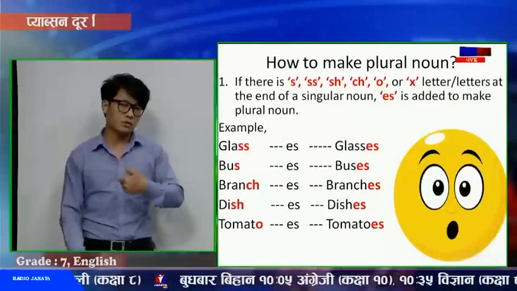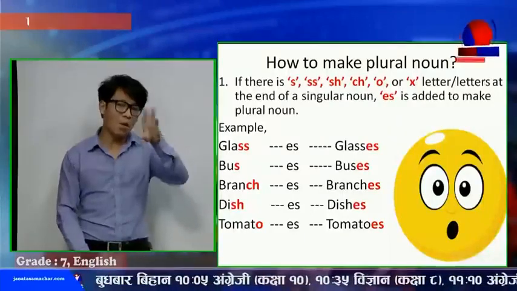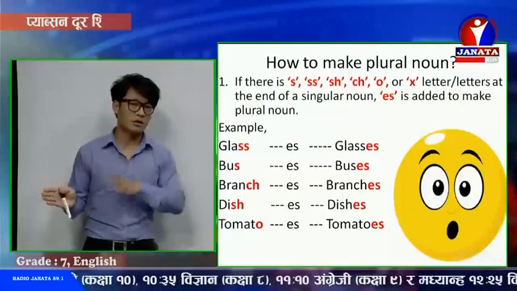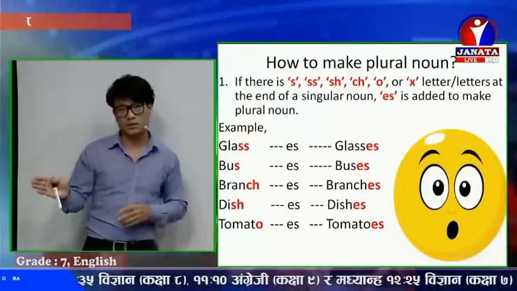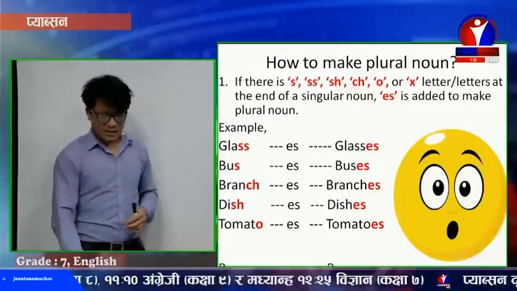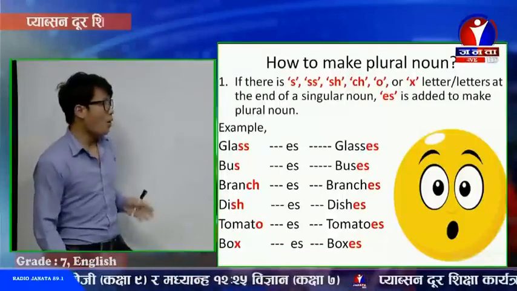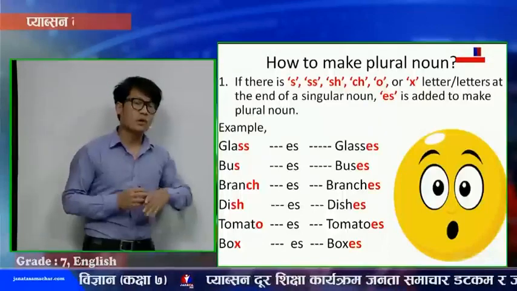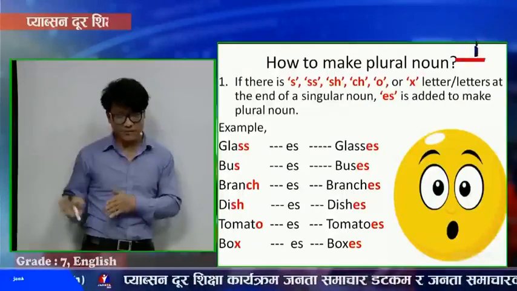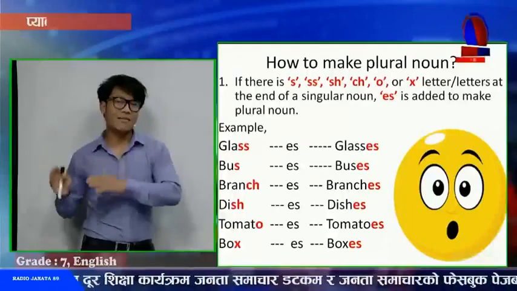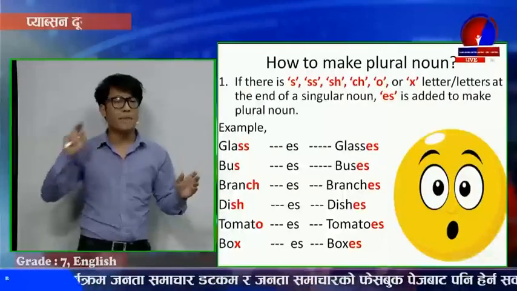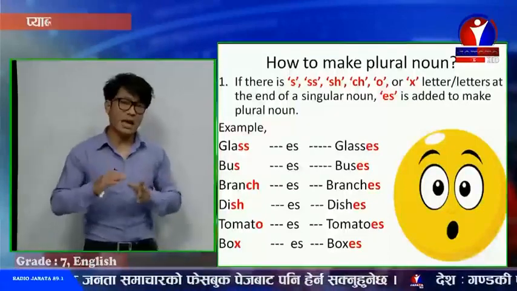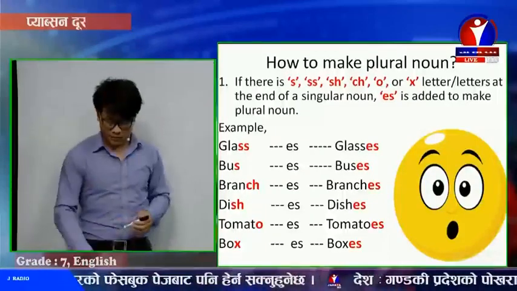The last letter is o, so we add es and it becomes tomatoes. Another example: box. X letter is there, so we add es and it becomes boxes. This is how we form singular noun into plural noun.